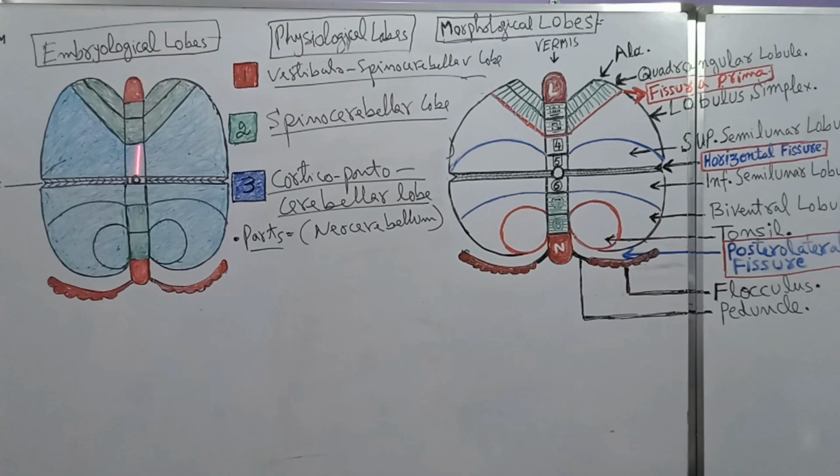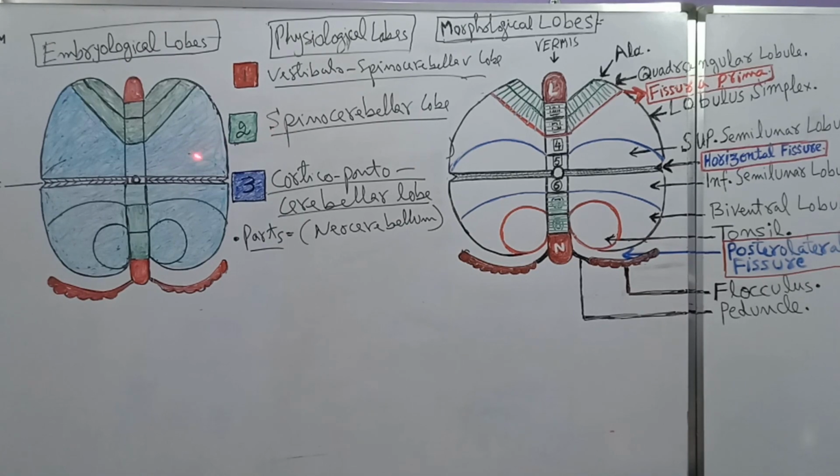So you can see here the red color, the flocculonodular lobe and nodule, are parts of the vestibulocerebellar lobe, and embryologically it is the flocculonodular lobe. Then physiologically we have the spinocerebellar lobe.